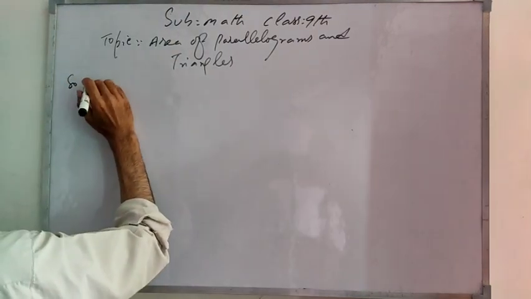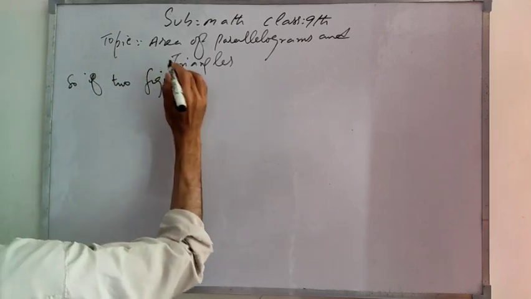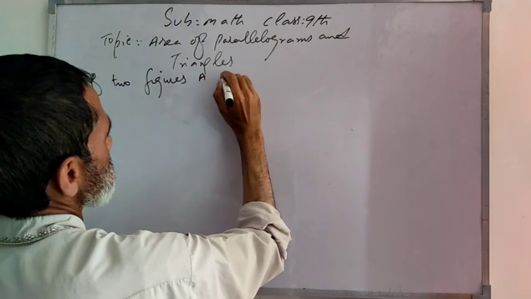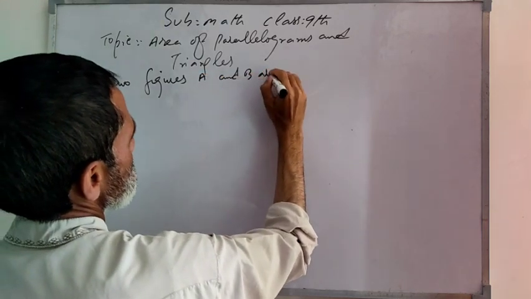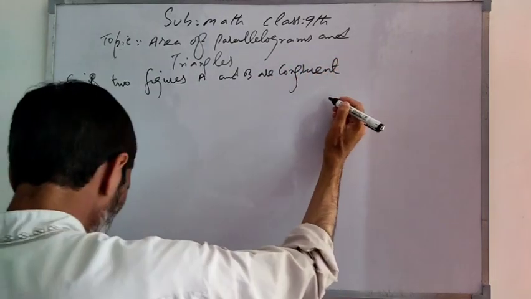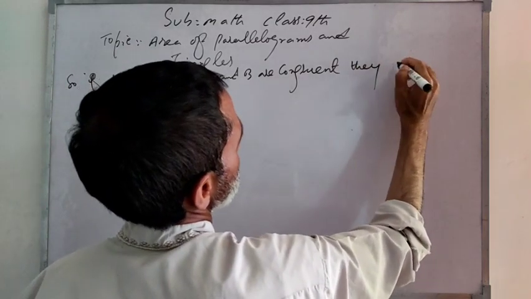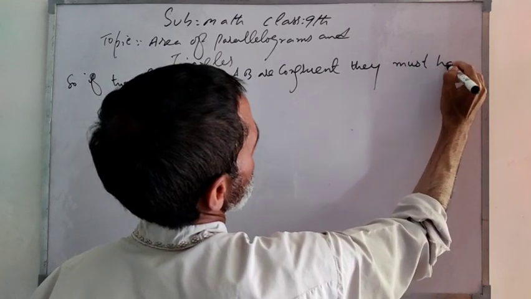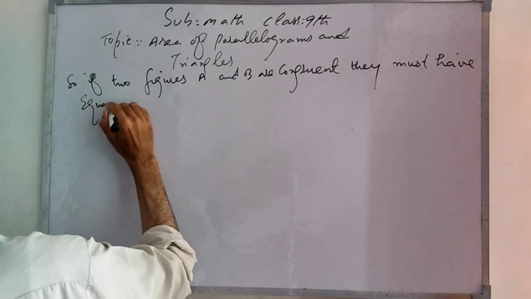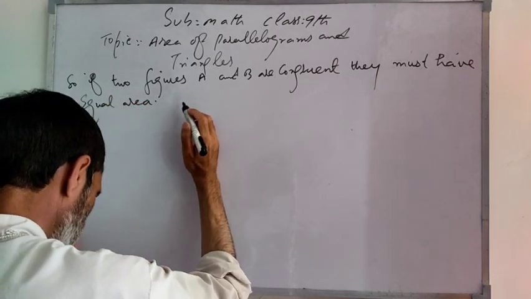So, if two figures A and B are congruent, they must have equal area. In other words, congruent figures have equal area.